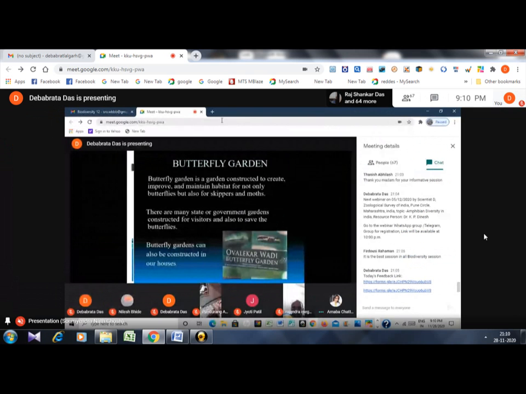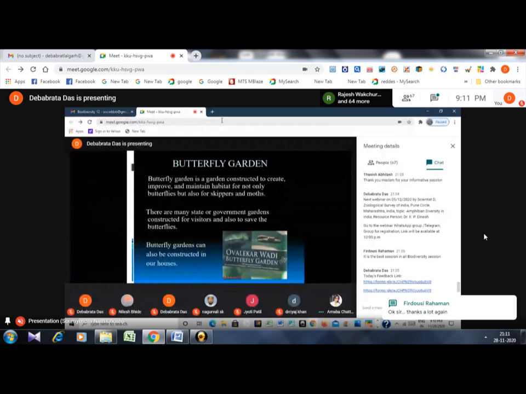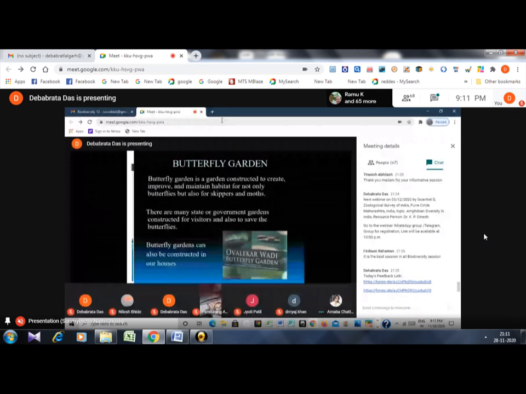But a butterfly garden is totally different, because you will not bring the butterfly there. You will make the conditions suitable so that the butterfly will itself come. You have to plant trees and flowers, keep good sources of water, and keep the area clean, and the butterfly will itself come if it has a suitable environment.